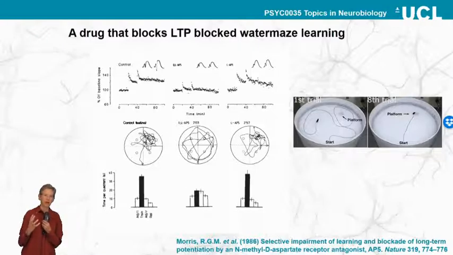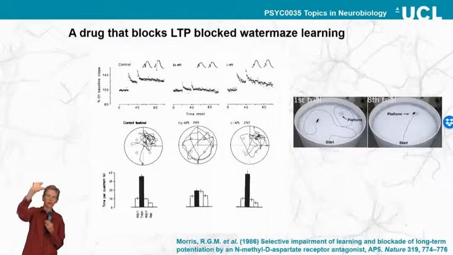The reason it can do that is because it can see the room around the pool. It can see what are called the distal room cues. And so the animal is able to make a spatial map of the layout of the room and swim straight to the platform.